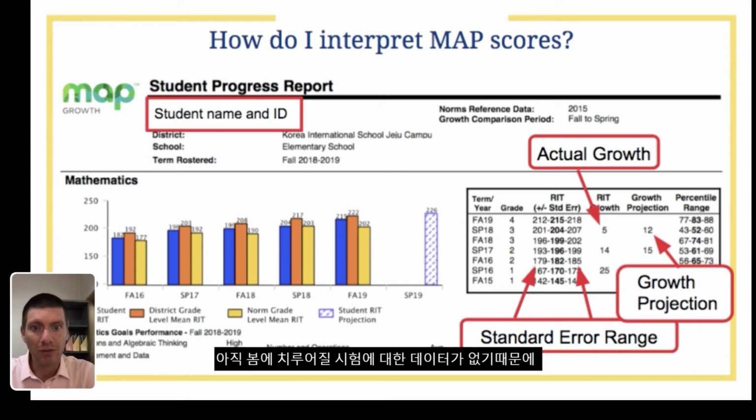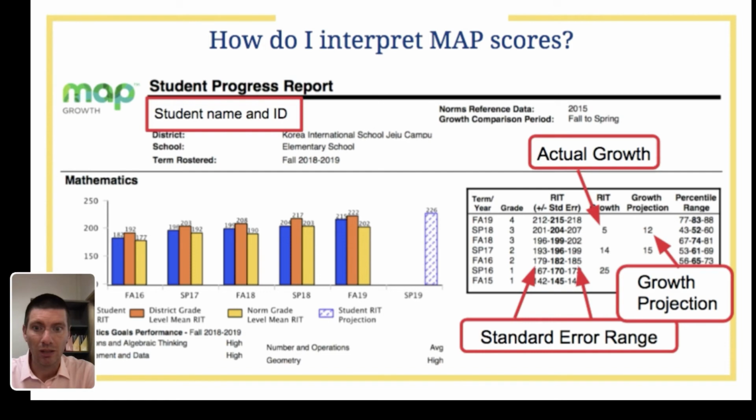As you can see, we have no data for spring yet, so we will not have growth results. But we do have a goal for spring, 11 points. Again, be aware it is almost statistically impossible for every child in the class to reach their growth projection. Statistically speaking, 50% of the class will be reaching their goals.